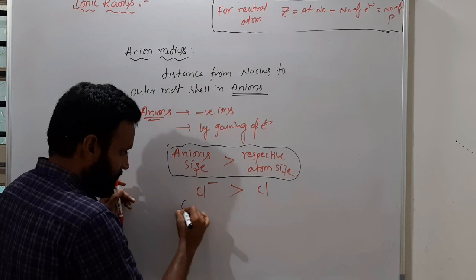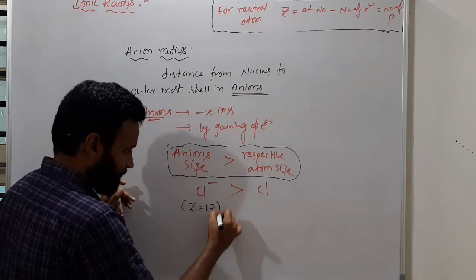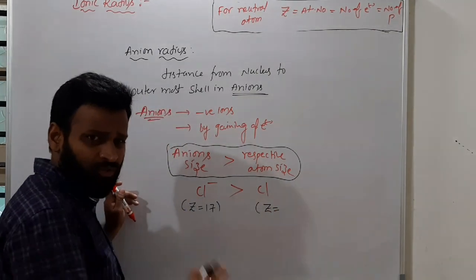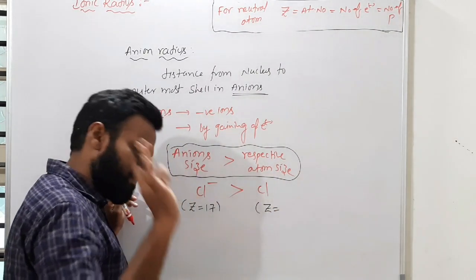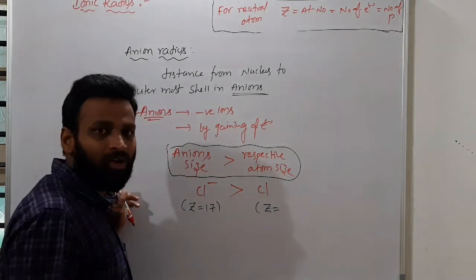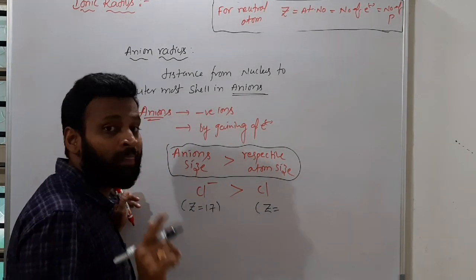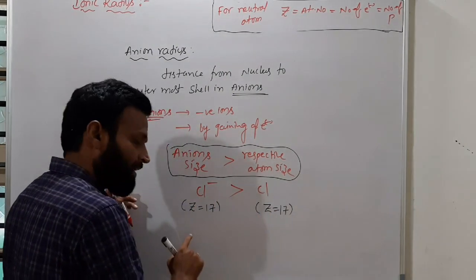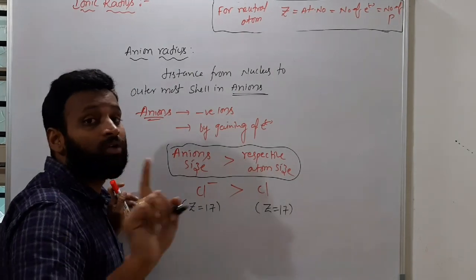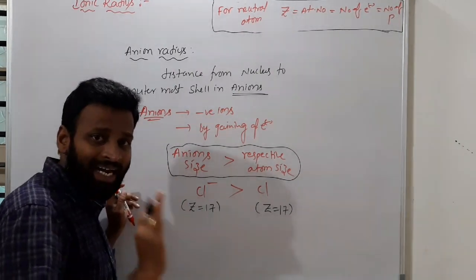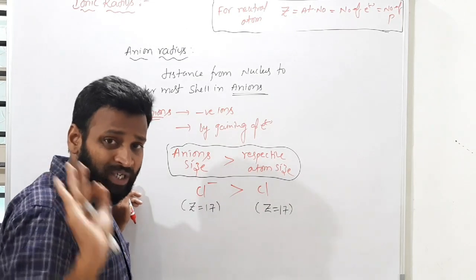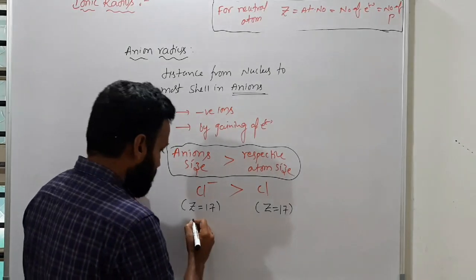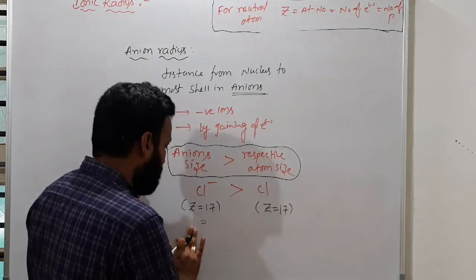For Cl-, Z is 17, and for Cl also Z is 17. For ions and their corresponding atoms, the atomic number remains the same. Atomic number is like a fingerprint, I told you. But the electrons are not the same.